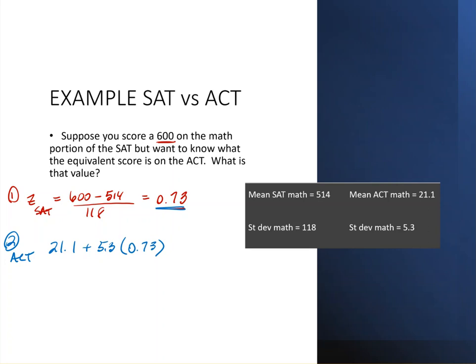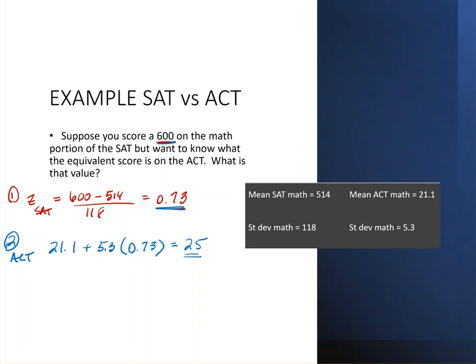So not quite 1 standard deviation, but 0.73 of a standard deviation. Now, once we compute this value, remember we're going to multiply 5.3 times 0.73 and then add 21.1, and you end up with something like 25. So for a 600 on the SAT, the equivalent score would be 25 on the ACT.